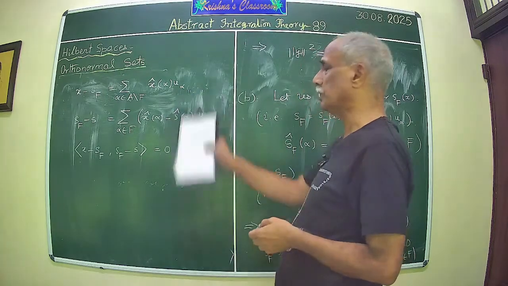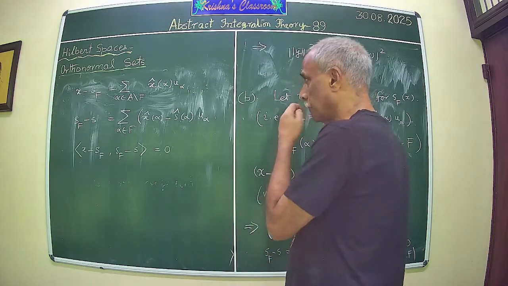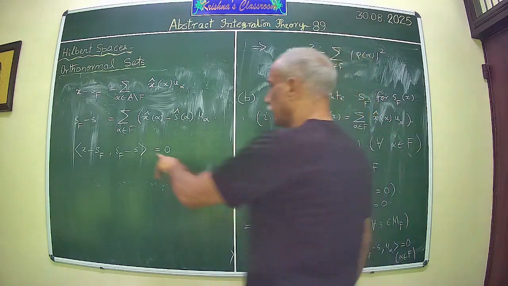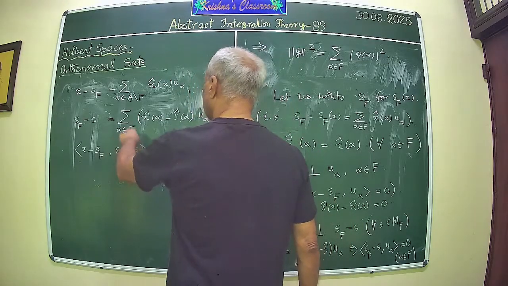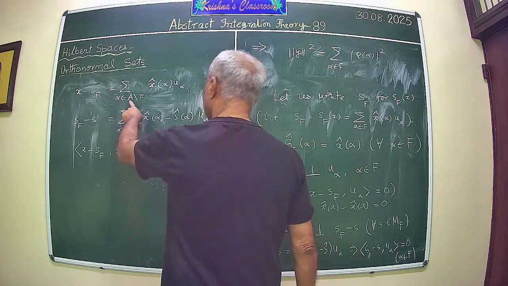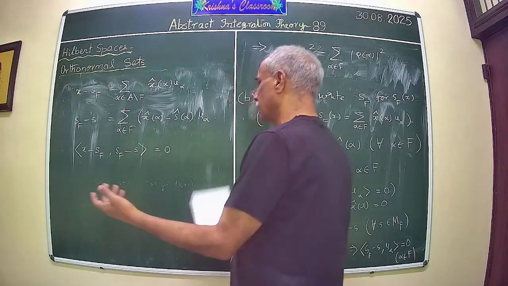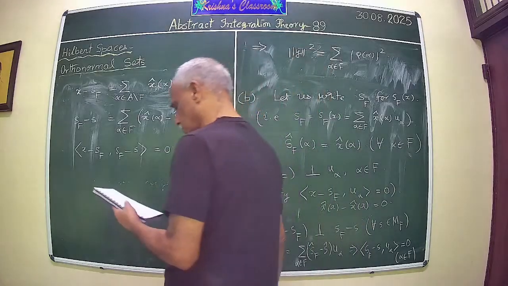This is quite easy to see, okay? Because this involves only alpha belonging to F. This involves only alpha not belonging to F. Therefore, their inner product is equal to 0.